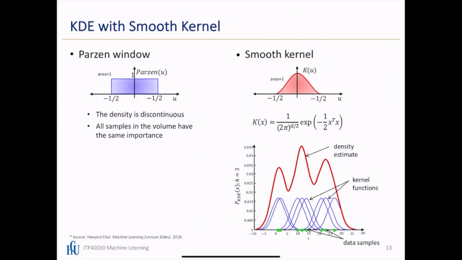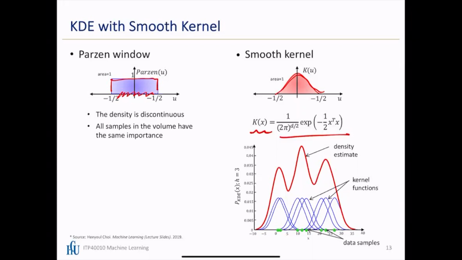And there is one extended version of kernel density estimation, where this Parzen window is simply uniform across the space. And maybe we can smooth this using a Gaussian-like shape. So it is actually following the shape of the Gaussian. So the kernel is defined in this way.